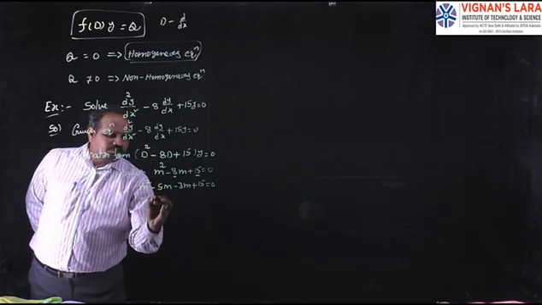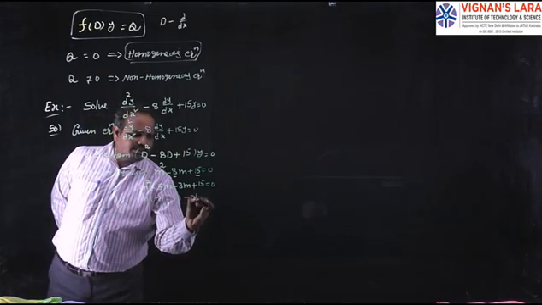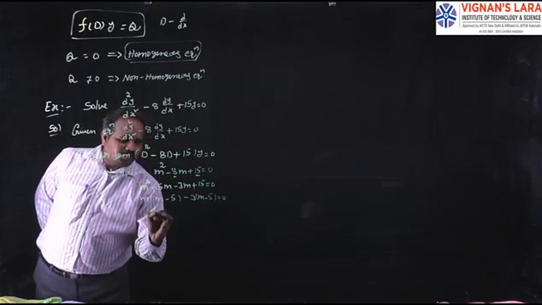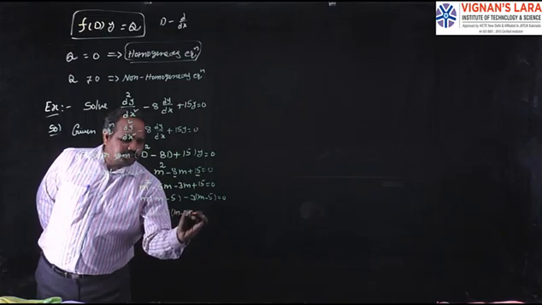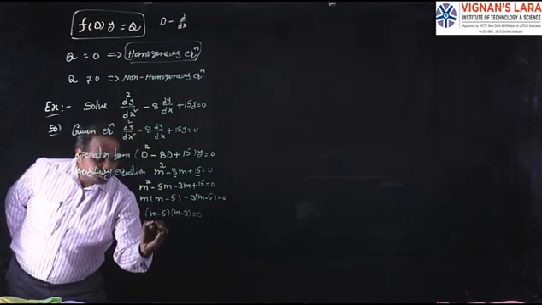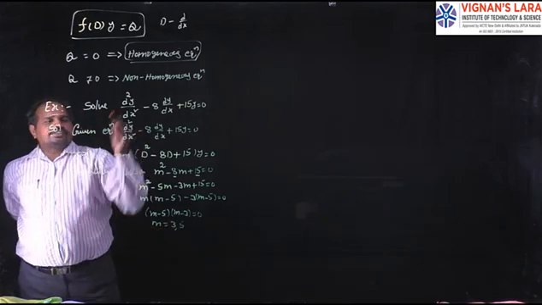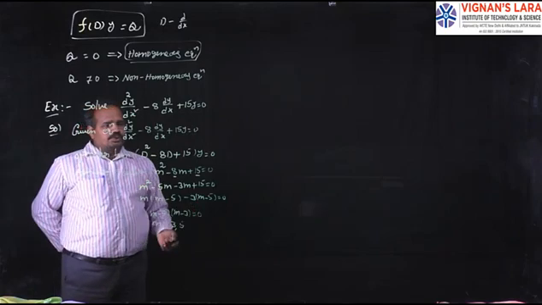The common factor in the first two terms is m, and in the next two terms is 3. Again the two terms have the common factor m minus 5, so this is m minus 5 into m minus 3. So what are the roots? 3 and 5. So I got two roots.